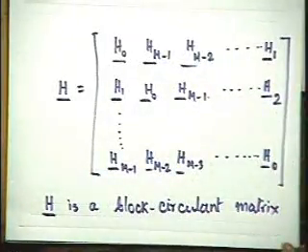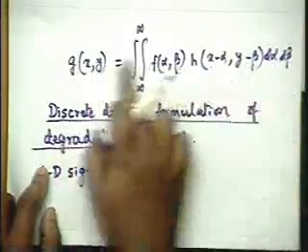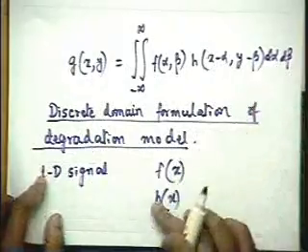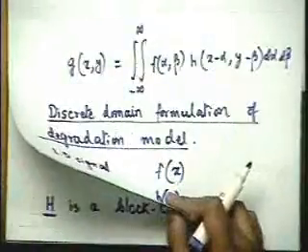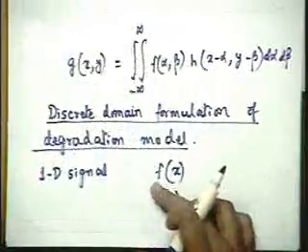Now, what we did so far was nothing but the same convolution expression for degradation that we had considered, but instead of writing the convolution expression in the continuous domain, we are writing it in the discrete domain.